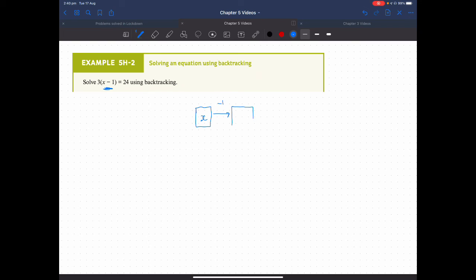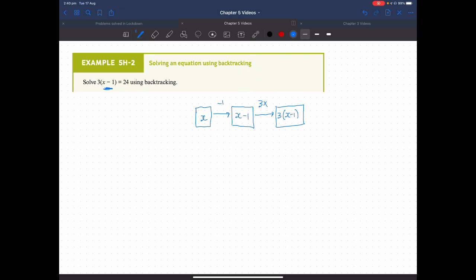So that gives me x minus 1. Outside of the bracket, there is a 3. That means we're timesing everything by 3. So what I now have is 3 times x minus 1.